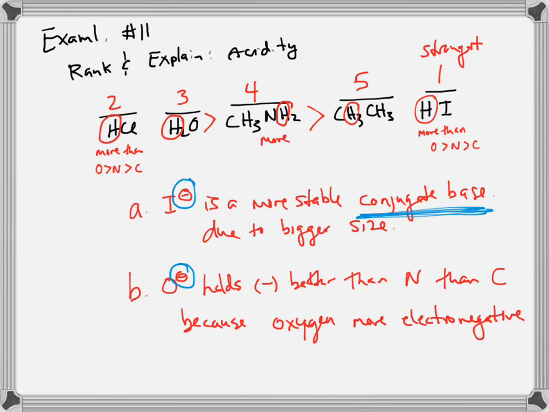Okay? So on exam 3, where I asked you to draw the relevant resonance structures, the relevant resonance structure is going to be for the conjugate base. When you draw out the conjugate base, why is one more stable than the other? That explains your acid differences. So the more stable the conjugate base, the stronger the acid. Yes. The more stable conjugate base generates a stronger acid.